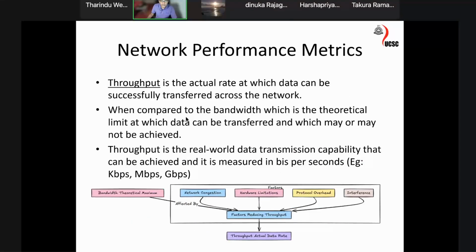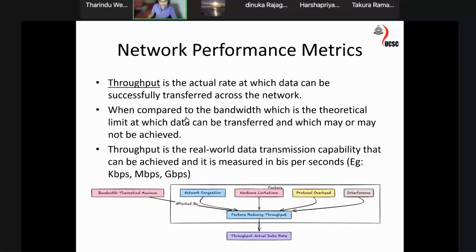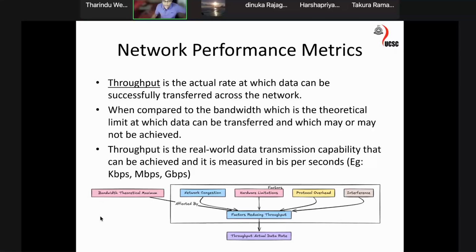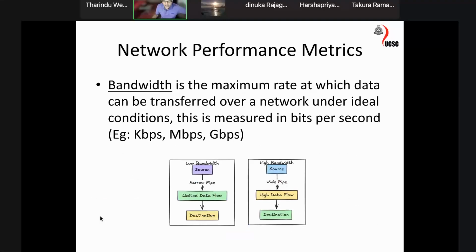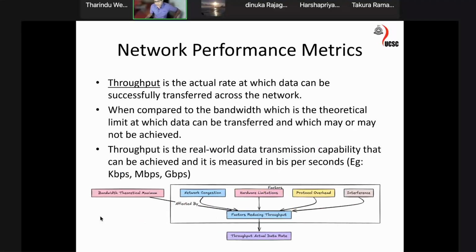Okay, we discussed bandwidth, latency, and now throughput. Throughput is another metric. Throughput is the actual rate at which data can be successfully transferred across the network. Even though we consider bandwidth as the maximum rate, usually after deployment you can see that it's not running at 100% capacity.